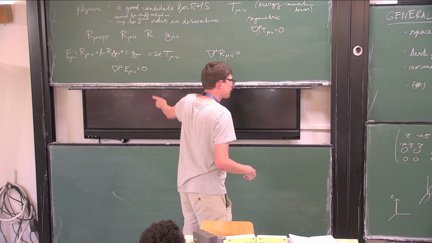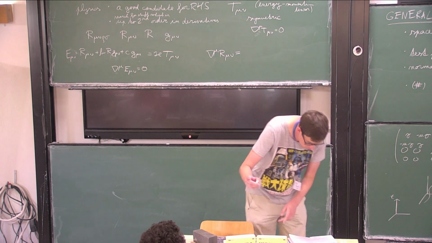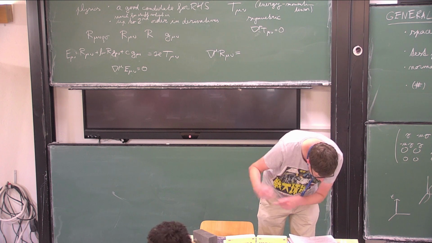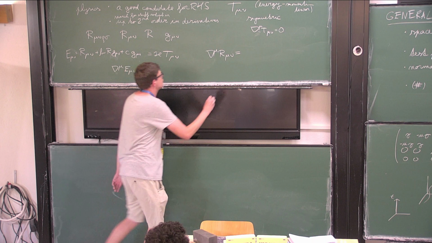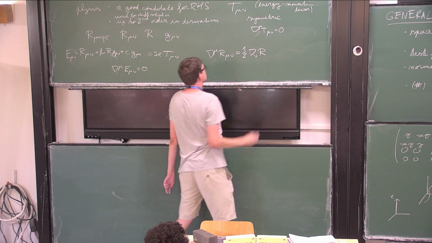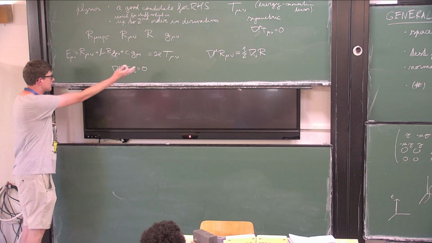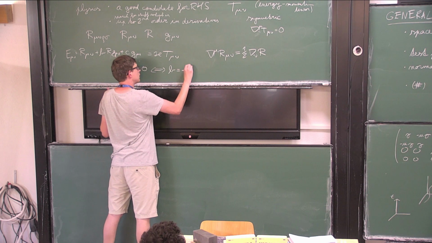The second condition actually will tell you that A cannot be 0 without B. Good point, I should have maybe swapped the order. Okay, so there is this thing called the contracted Bianchi identity. Using it, you can show that this happens if and only if the coefficient B is equal to -1/2.